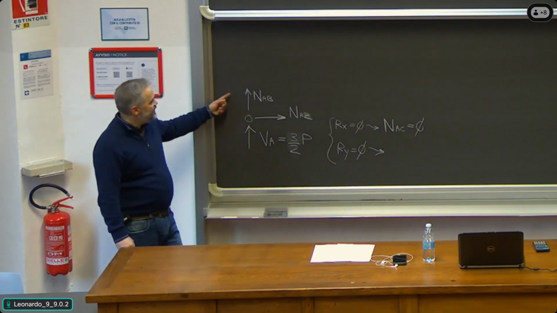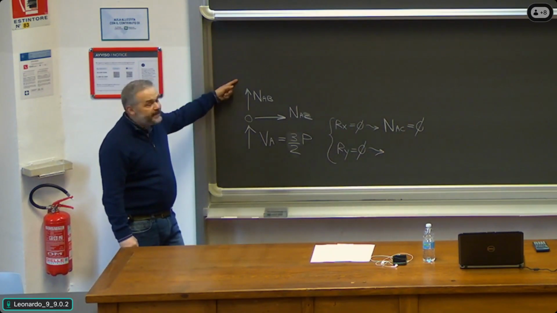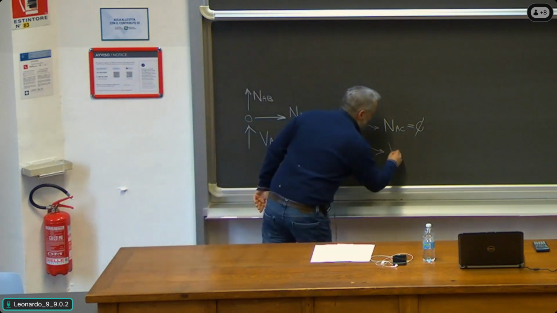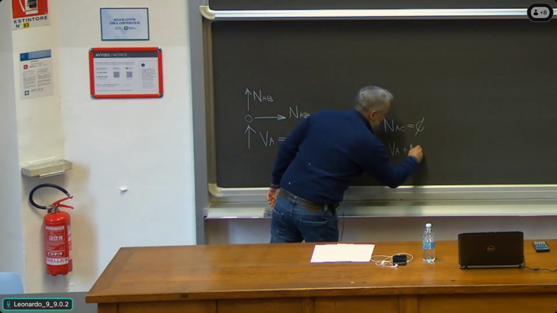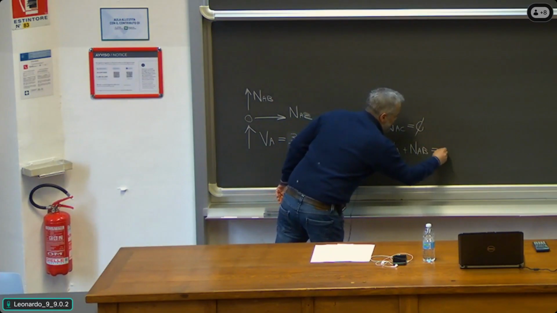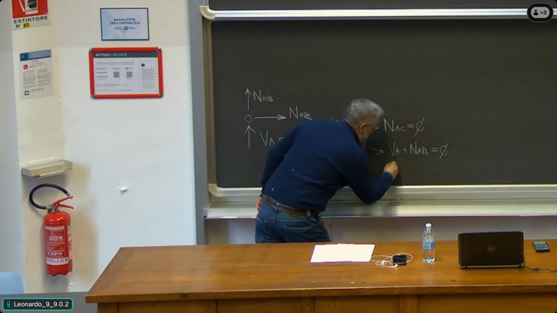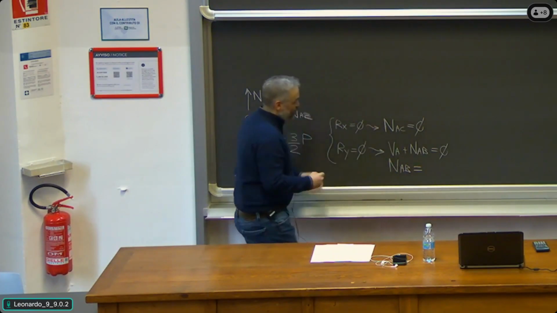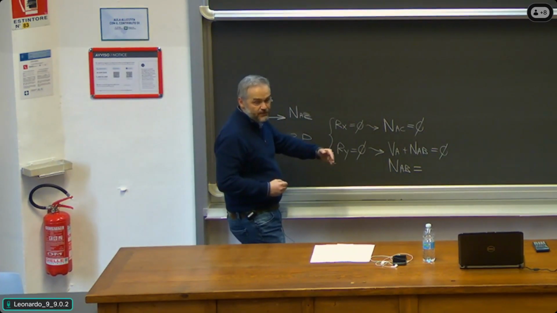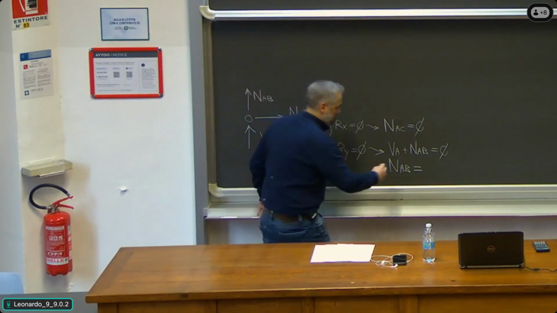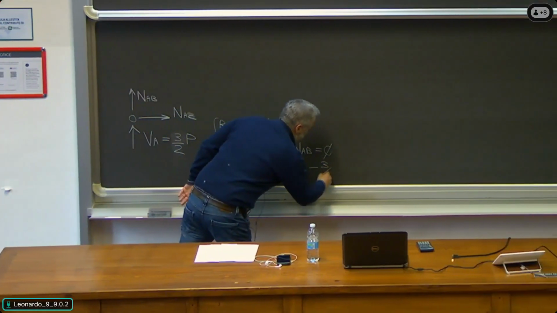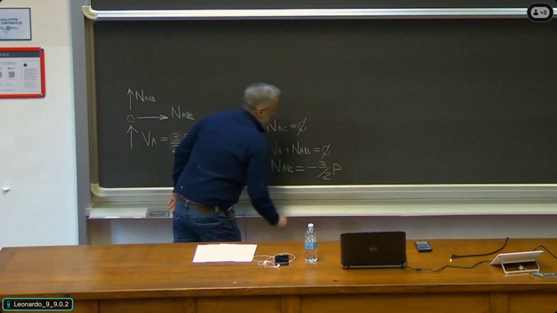We have Va and NAB both pointing upwards, which means Va plus NAB equals 0. This means NAB equals minus VA, whose value is 3 divided by 2P, so minus 3 divided by 2P.